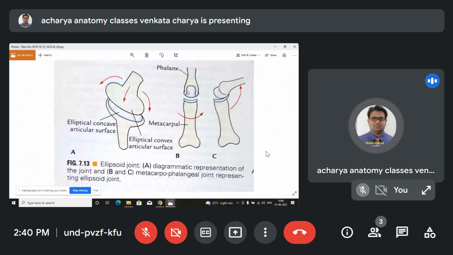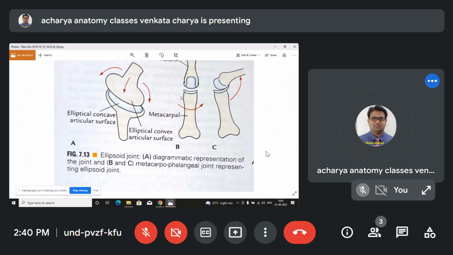See here is a convexity and here concavity. Example is the metacarpophalangeal joint. The joints between the metacarpal and phalanges are ellipsoid joints. So these ellipsoid joints produce the one or two movements.